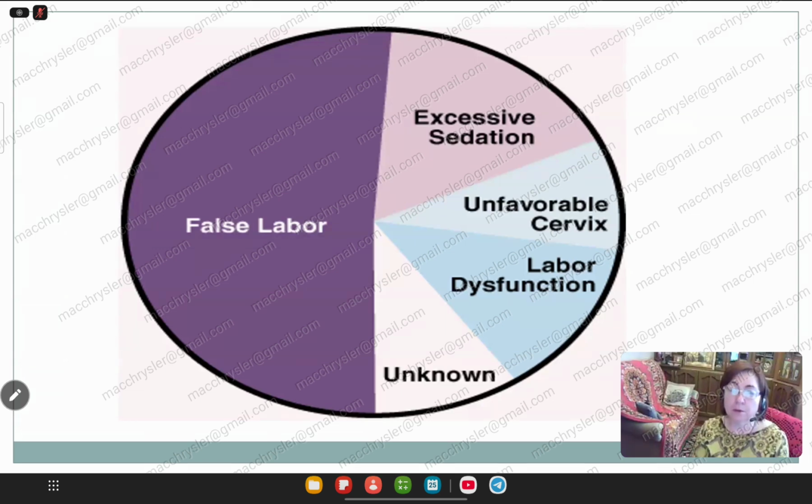Another factor is excessive sedation, and false labor. You need to differentiate false labor or true labor, and we talked about the criteria in the first semester. In my lecture I gave that.